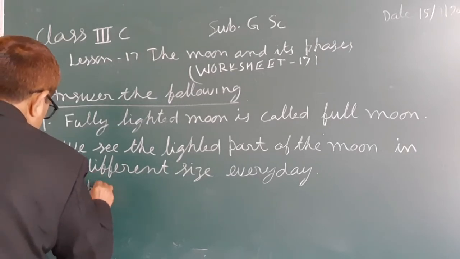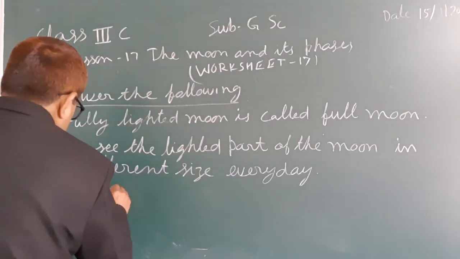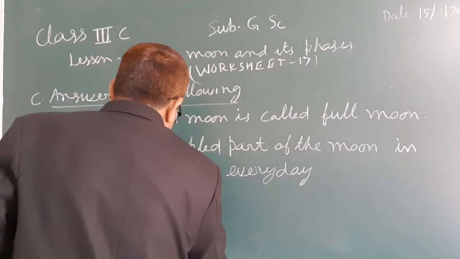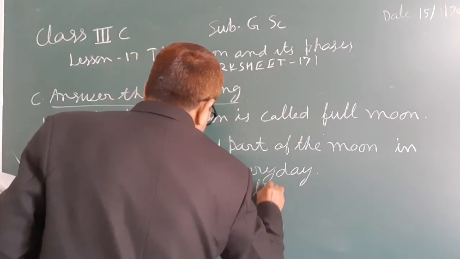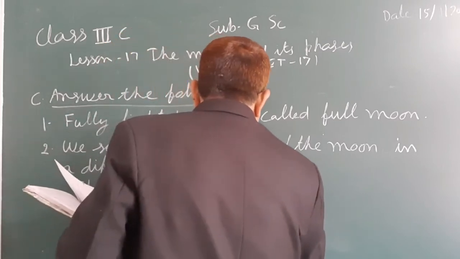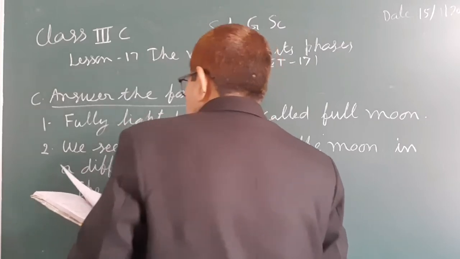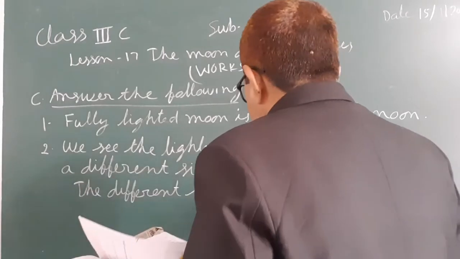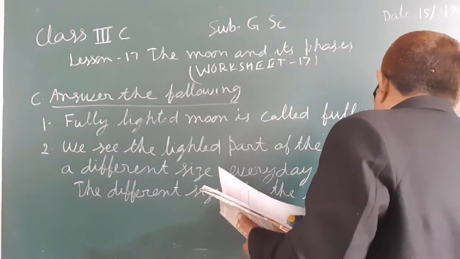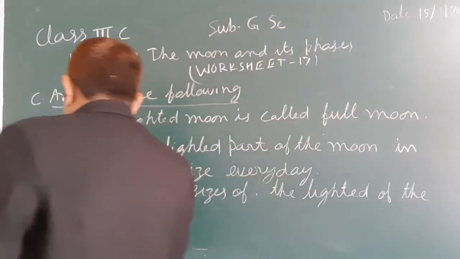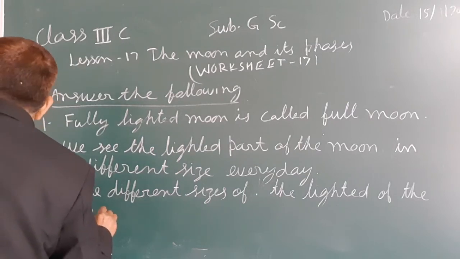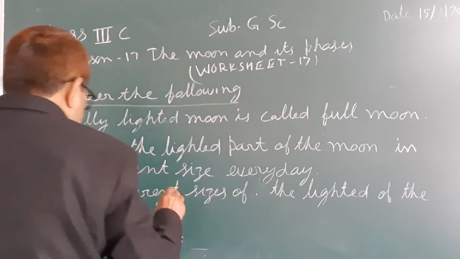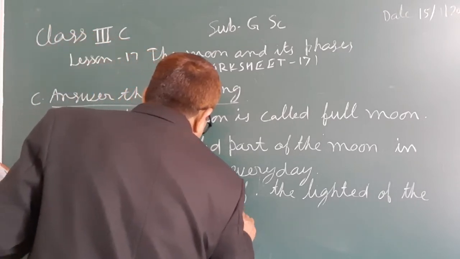The different sizes of the lighted part of the moon are called phases of the moon.